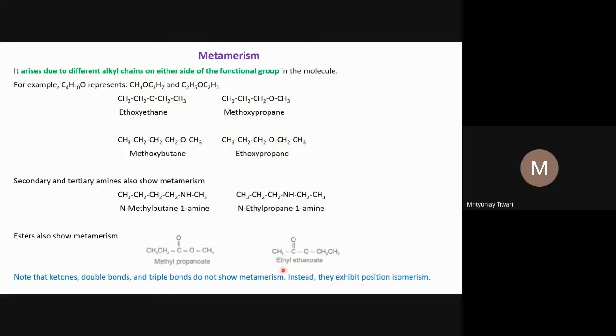You should never be confused that ketones will also show metamerism. As you can see here, the carbonyl group is in this position in this case, and here in another case. So these two compounds will be position isomers. They will not be metamers, because the longest chain will contain all the carbon atoms here.